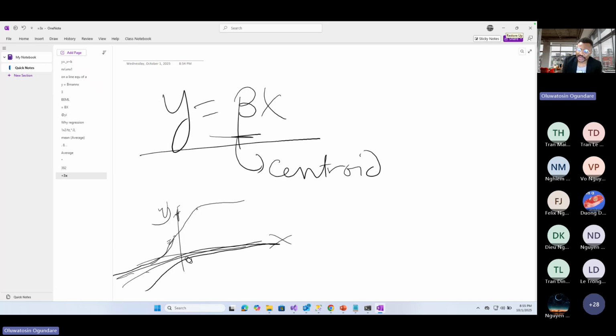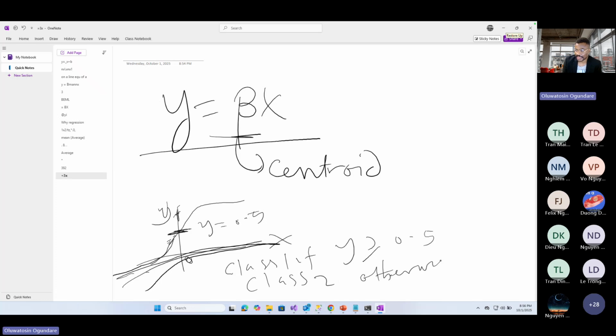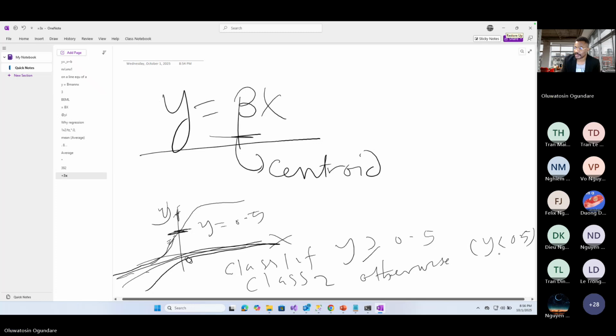So the point of this is that we can use this function easily for classification. We can say that you belong to a class once the value is greater than a threshold. In this case, our threshold could be y equals 0.5. Our rule could be class 1 if y is greater than or equal to 0.5, and class 2 otherwise, meaning y is less than 0.5. Simple.